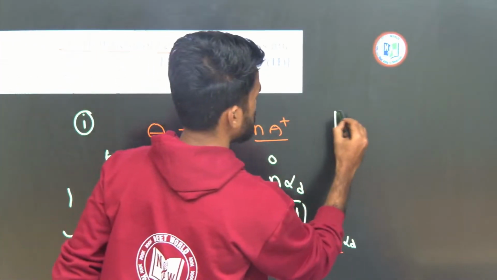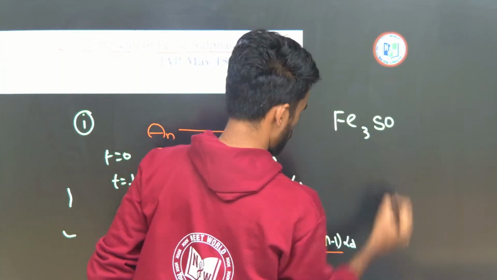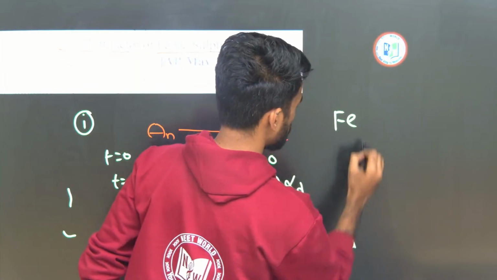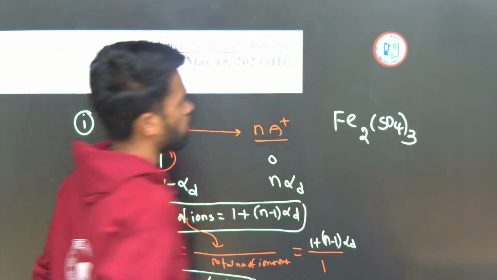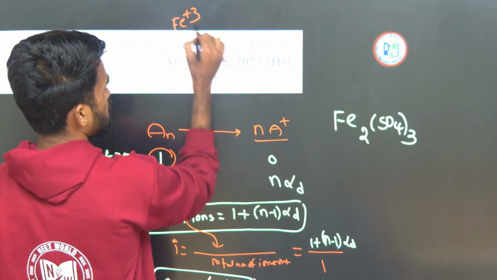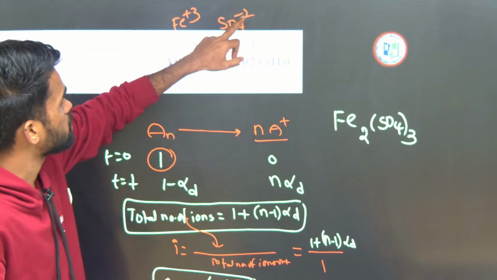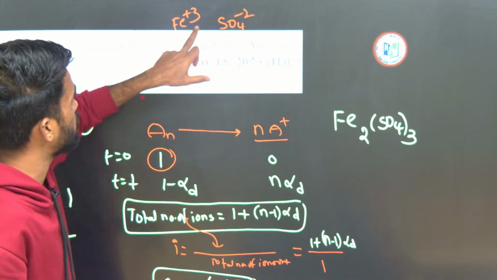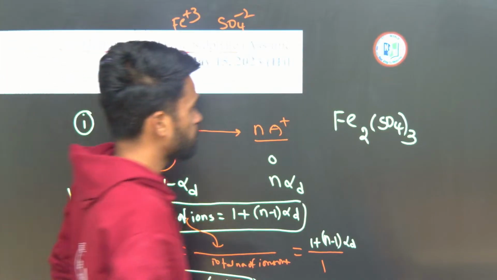It is just Fe2(SO4)3, that's it. Ferric means iron should be in the +3 oxidation state. Sulfate we know is SO4 2-. So just crisscross, multiply this number over here and this number over here, and we will get this. Okay, so this is the electrolyte.